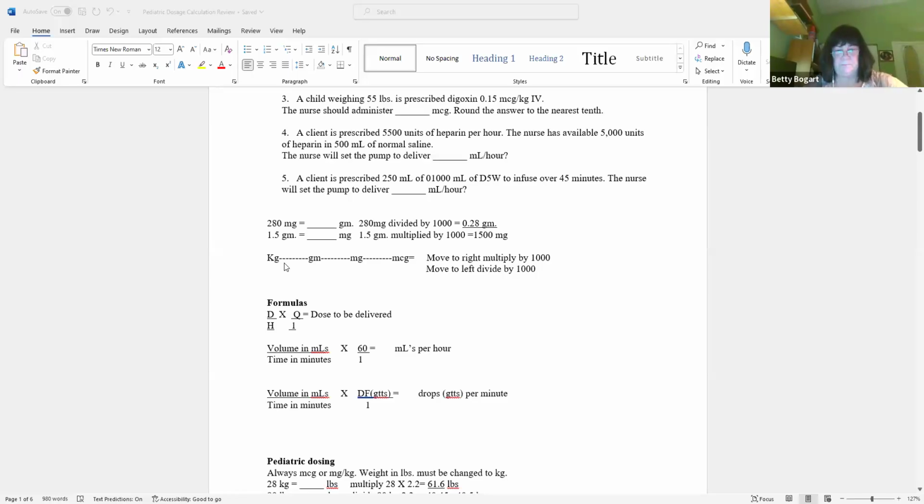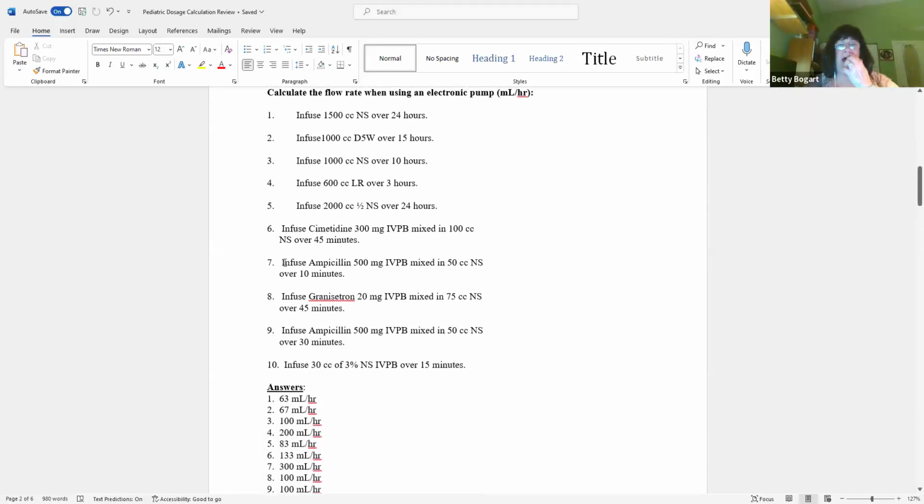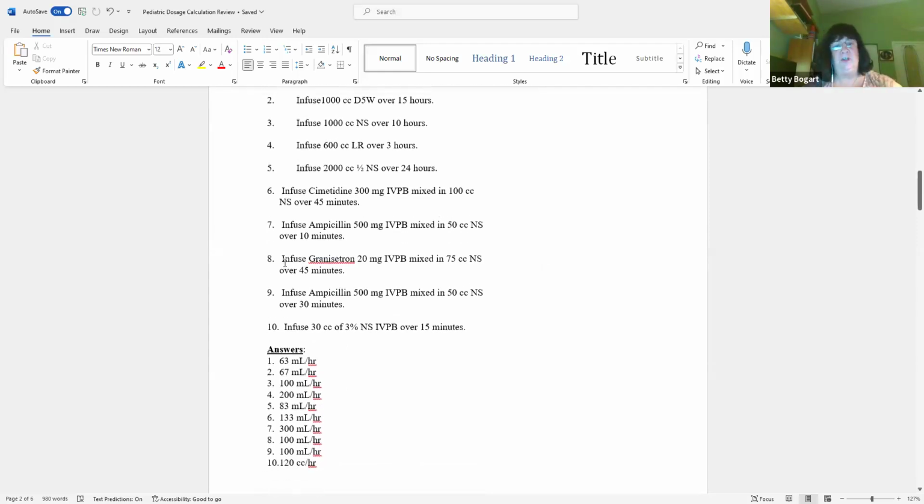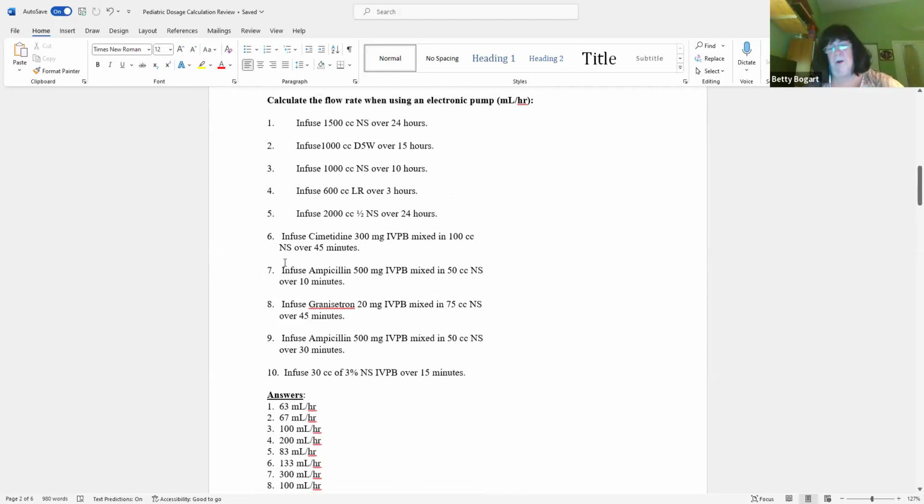Okay. Here are some IV solutions, with minutes and hours to show you. These are some examples for you to practice. I have all of your answers here. Now, it's easy to do one where there are no distractors in it. That's not what you're going to see on your exams.